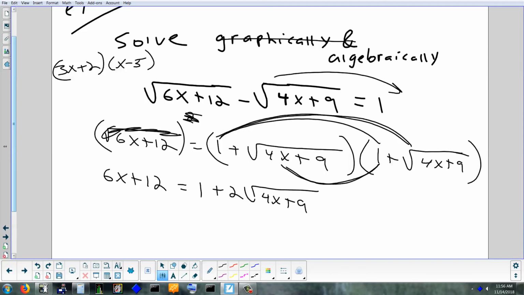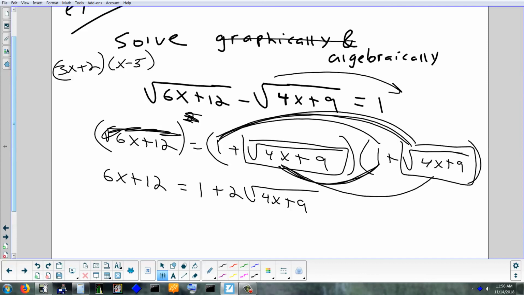All right? If it's confusing, just think of this as a box. 1 times box plus another box is 2 boxes. And what's in the box? 4x plus 9. Now the last part. The square root of 4x plus 9 times the square root of 4x plus 9. What's that going to be?